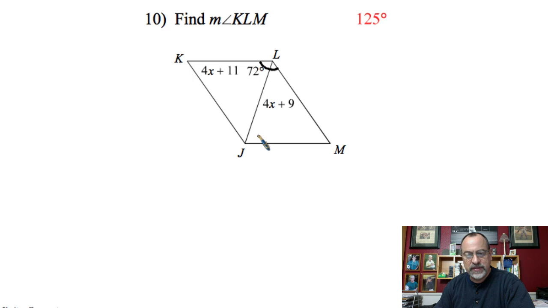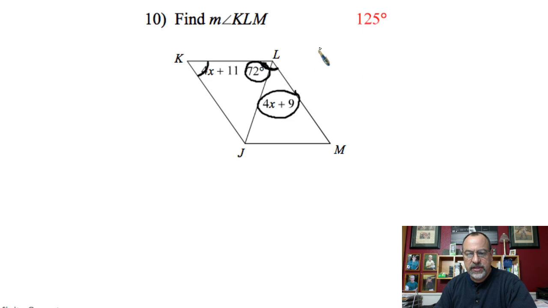I don't know what its opposite is, so that doesn't help me. But again, I know that this angle, along with this angle together, would be supplementary because they are consecutive angles. The problem is this angle here, KLM, has been split into two parts. One part is 72, the other part is 4x plus 9. So I'm going to need to add those together to get the measure of angle KLM.